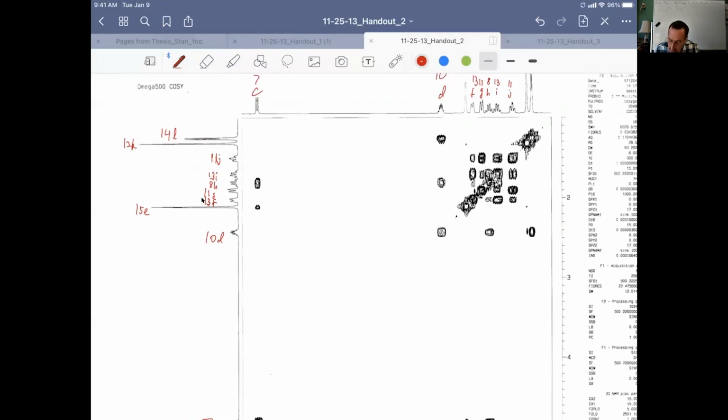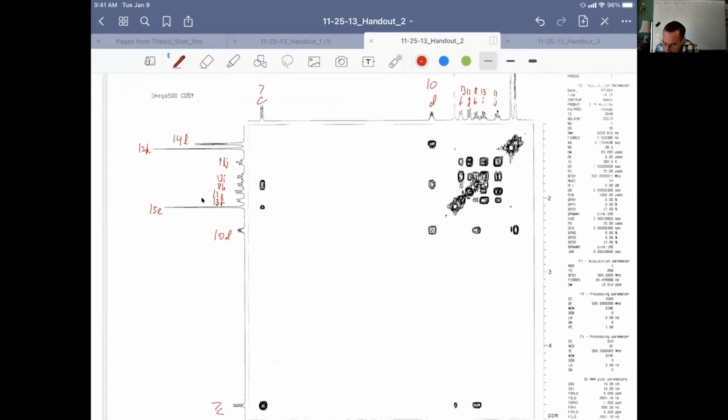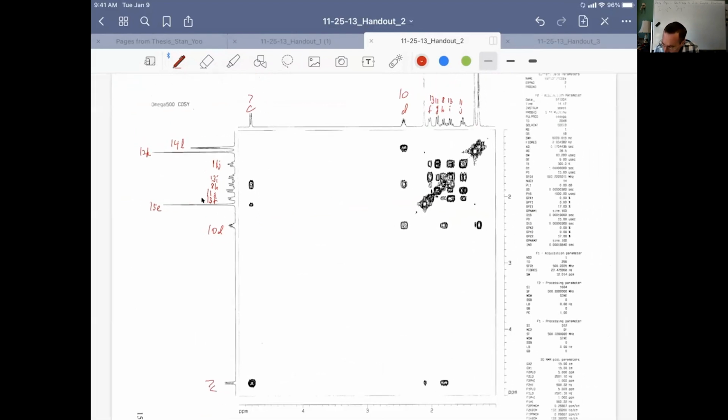So off of that, remember that 15E is that allylic methyl that seems to be so interesting and giving so many interesting types of couplings. And we do see a cross peak off of 7C. So remember, 7C was that tremendously downfield methine that we thought must be next to an oxygen atom. The carbon's at 81, the hydrogen's at 4.7, 4.8 ppm.